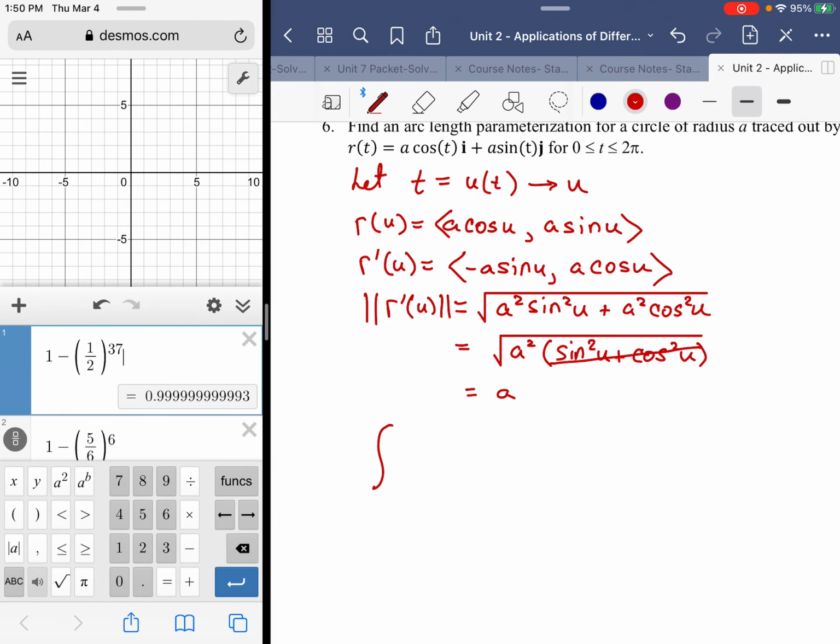And so what we're going to do is integrate in order to find the arc length. We're going to integrate over the interval of t sub 0 to t, deciding that t sub 0 could be whatever we want. We're going to decide upon 0 to t of the magnitude, which we discovered just now is a, integrate that with respect to u.